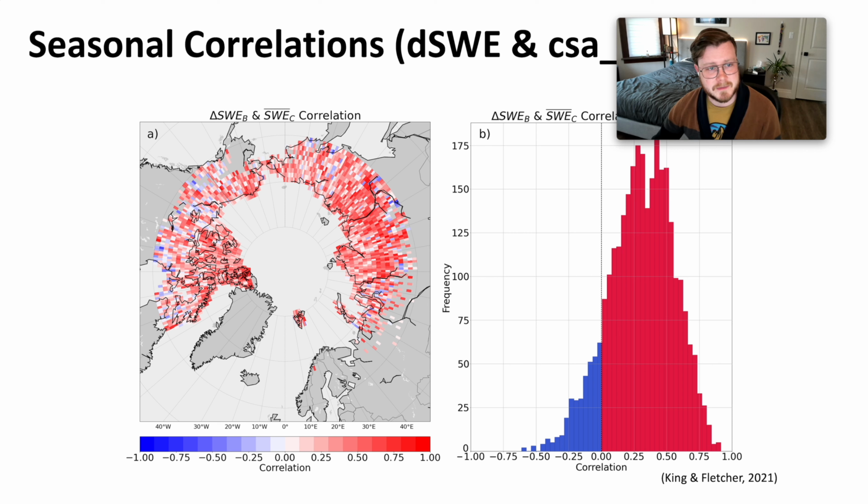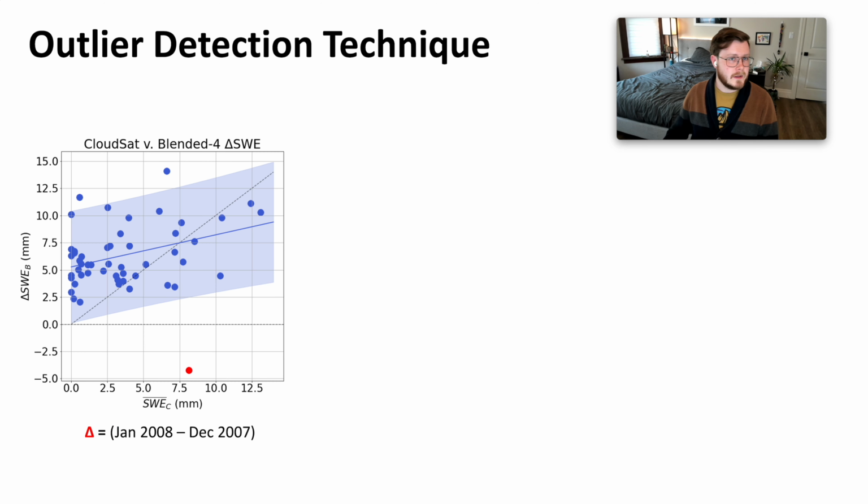And you can see from the spatial distribution on the left what that looks like, as well as the distribution of what those individual grid cells, the correlations look like in the histogram on the right, with the vast majority being positive, many being above 0.5, and only a handful of these being below 0. Generally, the low correlations and the negative correlations are a result of a small CloudSat sample and issues with CloudSat estimates.